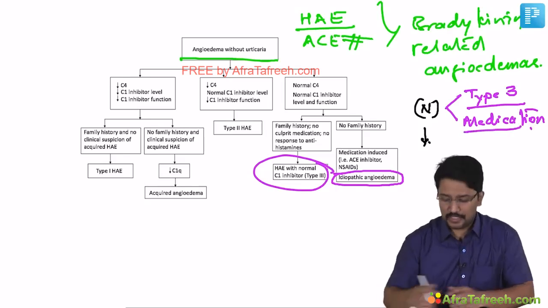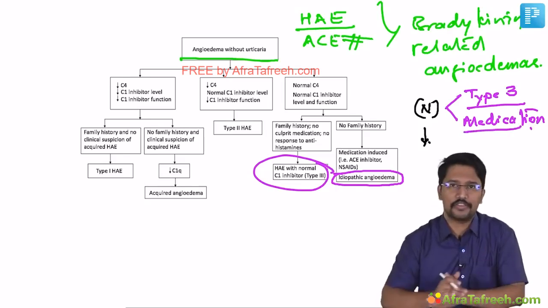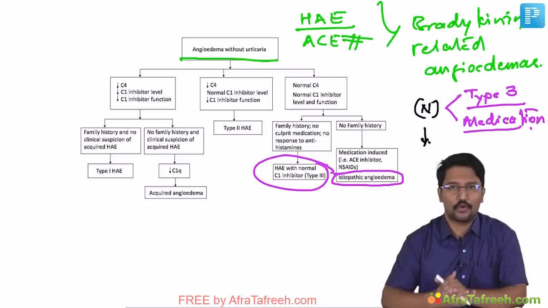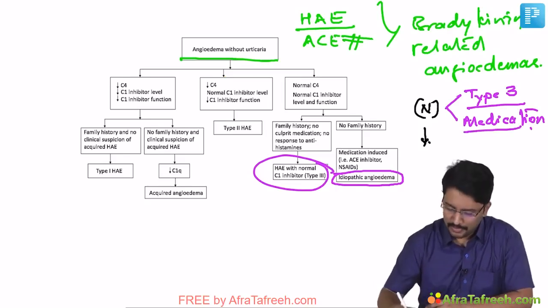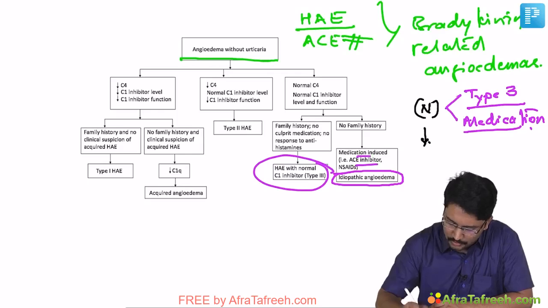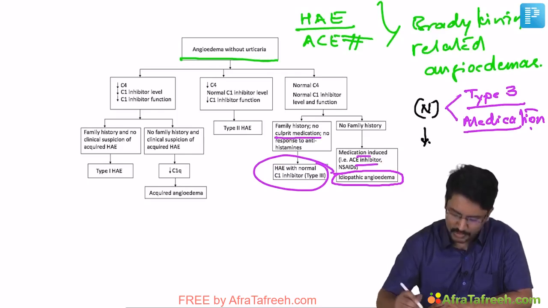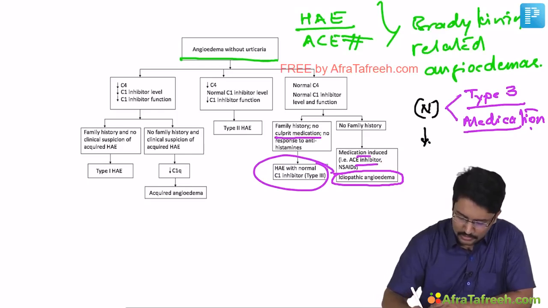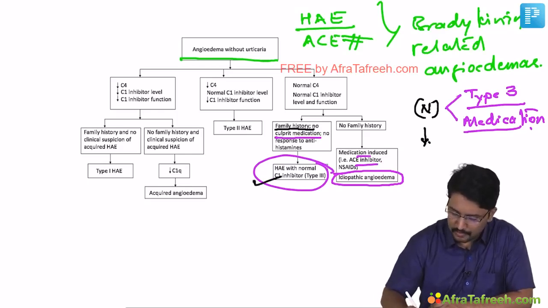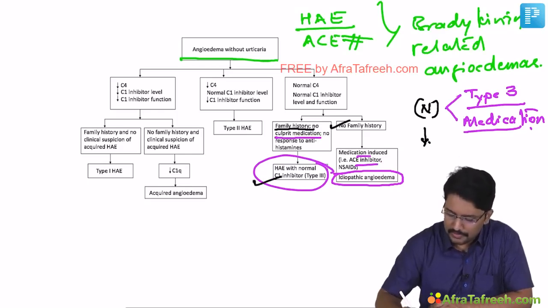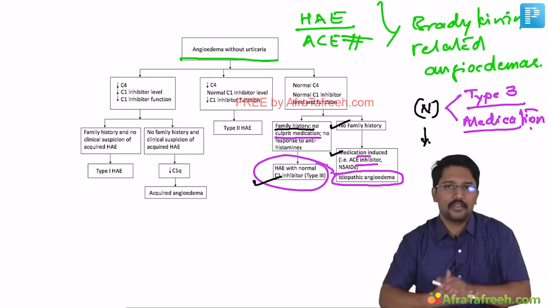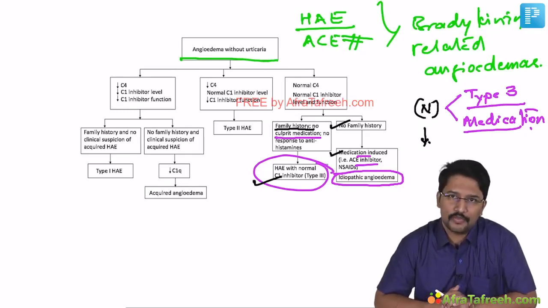What helps us differentiate between these is obviously the history of exposure to the drugs known to cause medication-induced angioedema. If there is no such history, or if you have ruled out the culprit medication and also have a strong family history, then we consider type 3. In the absence of family history, if there is medication history, obviously the possibility of medication-induced angioedema comes into the picture.